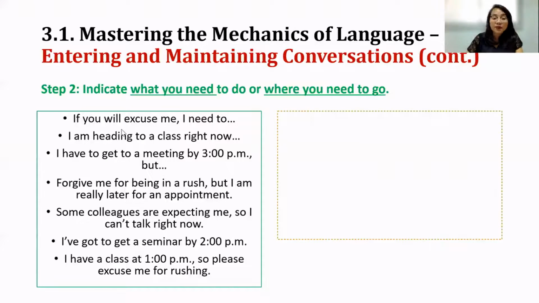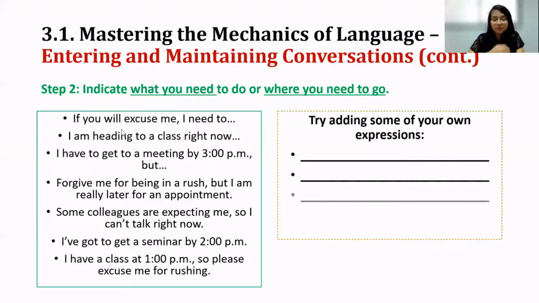Now it's time for you to add your own expressions. Do you have other ideas on how to indicate what you need to do or where you need to go? Whenever you're ready, let's see step 3 of exiting a conversation.